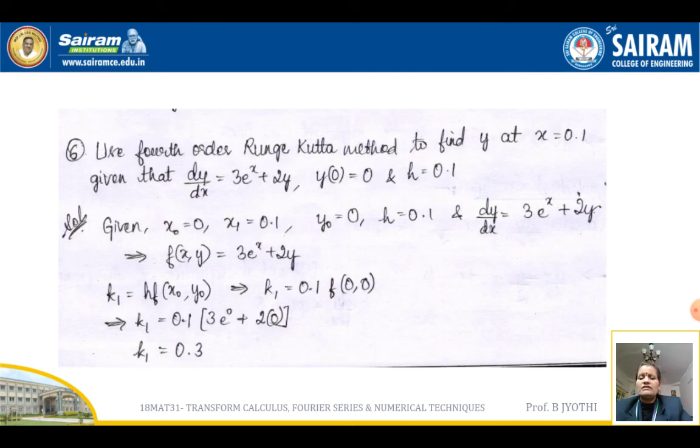So similarly, we can solve this one by using the fourth order Runge-Kutta method to find y at x equals 0.1, given dy by dx equals 3 e power x plus 2y, where the initial condition is y of 0 is 0 and h is 0.1. So y naught is 0, x naught is also 0, and x1 is 0.1.